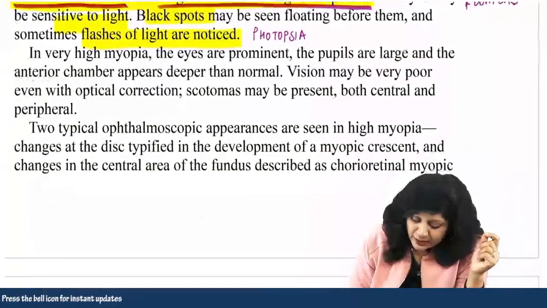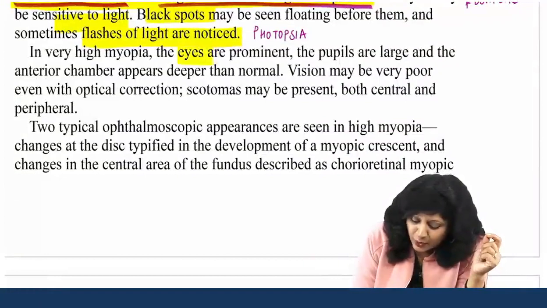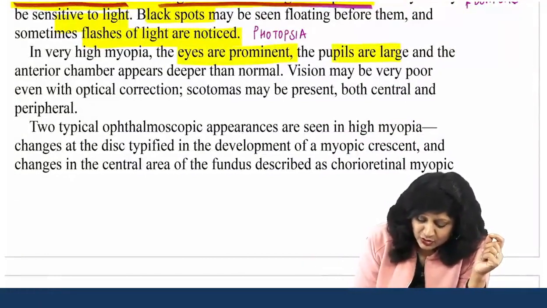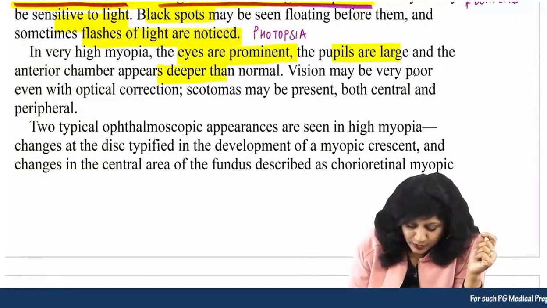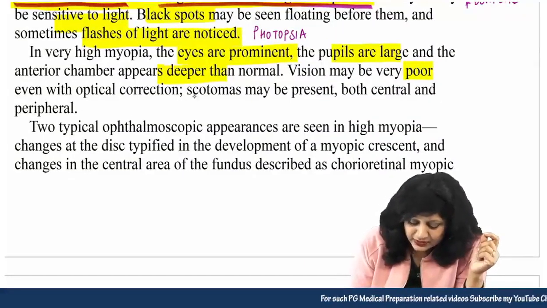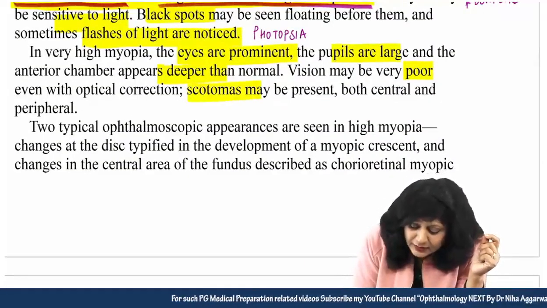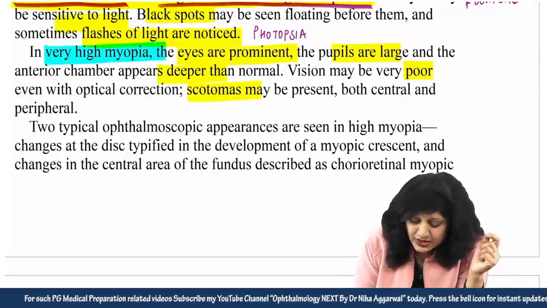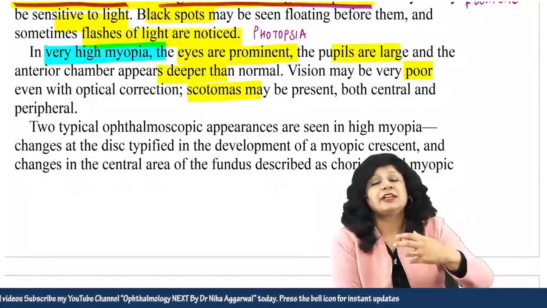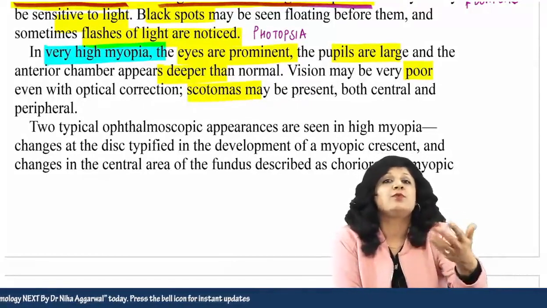In very high myopia, the eyes are very prominent, pupils are large, anterior chamber deeper, vision may be poor even after optical correction, and scotomas are there. If the eyeball is getting larger and larger, I will have more and more high myopia.